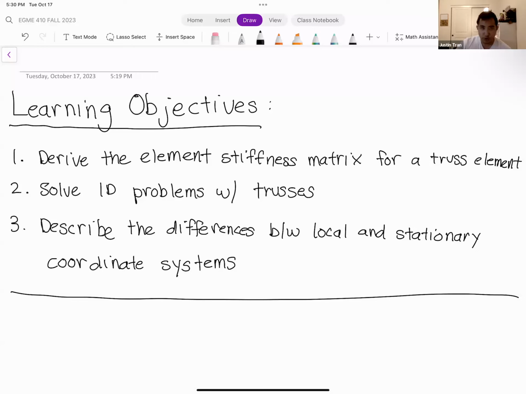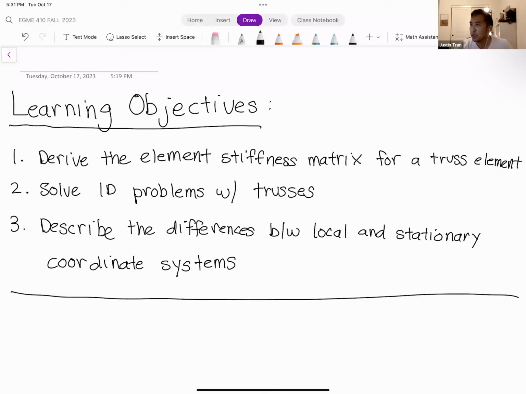So the plan for today: for the last couple classes, we've introduced this idea of the direct stiffness method. We introduced this with the context that it's a good representation of how the finite element method works on a mathematical basis. We're going to continue that today.